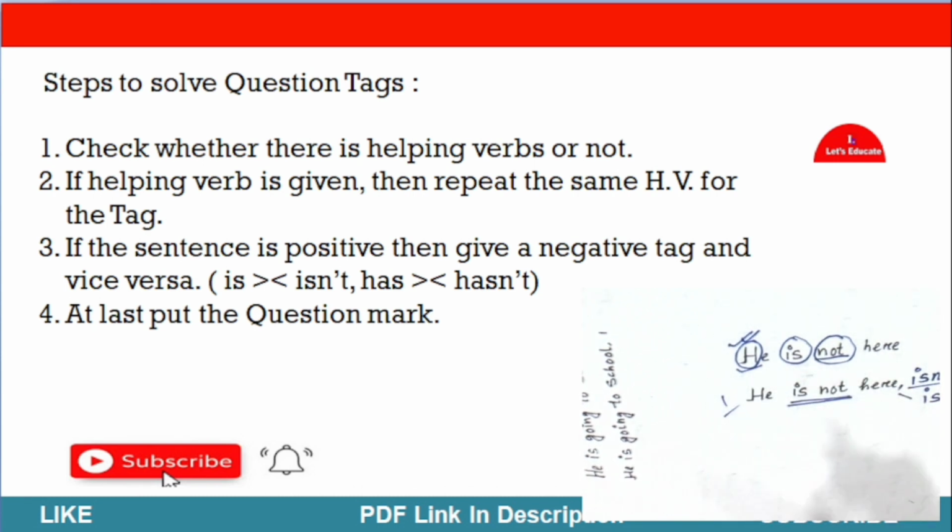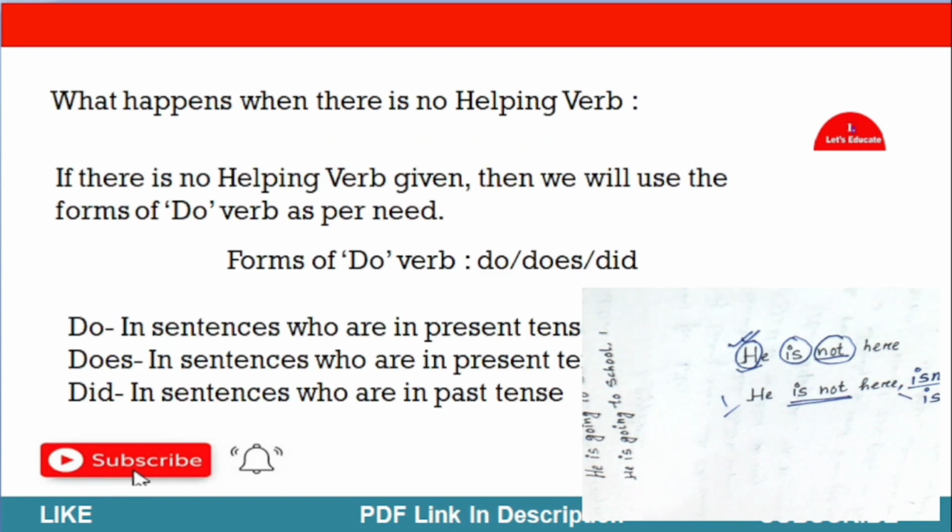Okay. Now, in your mind, one question is arising: what to do when there is no helping verb given? Okay, I will be explaining this in the next class. But before that, I will be putting some questions in the description box as well as in the comment section.